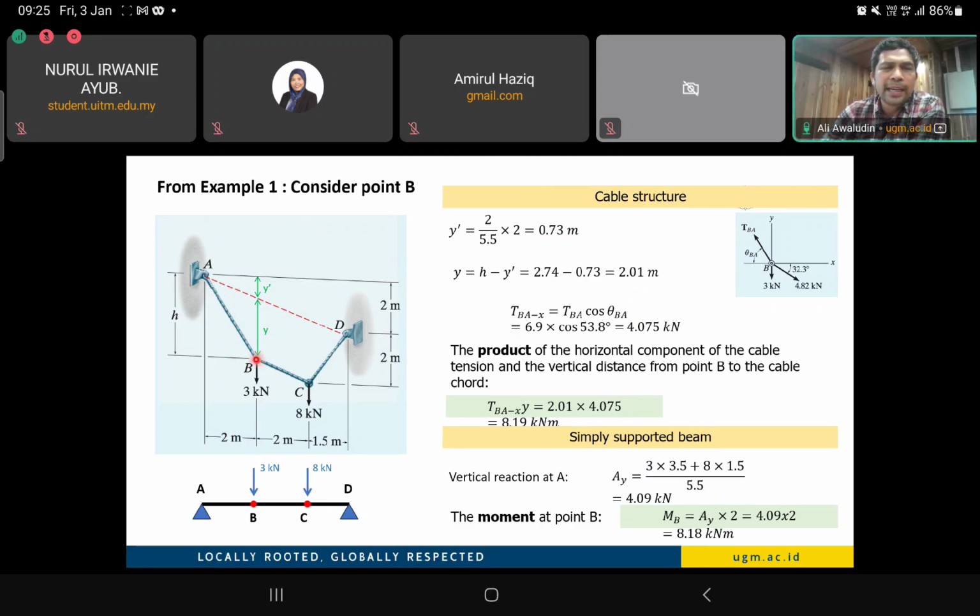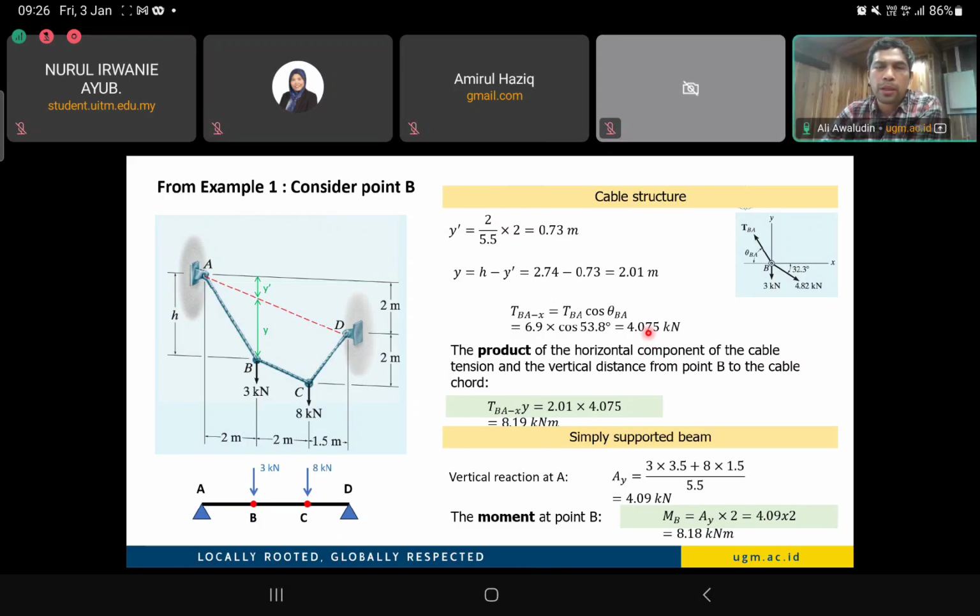So let's see the component of this horizontal axis. Let's project it. We have the cosine here. We have noticed that the angle theta BA is about 53.8 degrees, and then we come up with the horizontal component equal to 4.075 kilonewton.